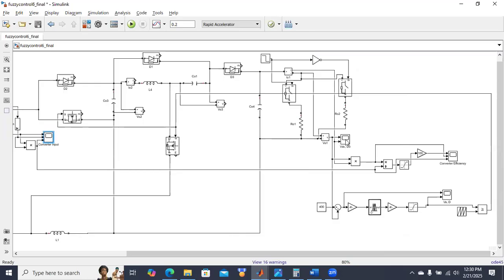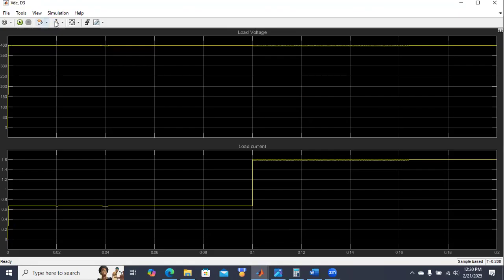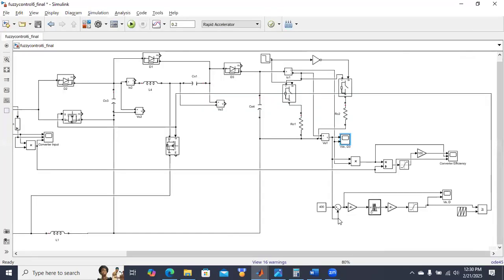And here this is the load voltage and current. Here the reference voltage is around 400 volt. Here if you see, the reference we have provided is 400. That is compared with the high DC load voltage, and the error is converted into per unit, and that per unit error voltage is given to the fuzzy logic control, and the output is the duty ratio.